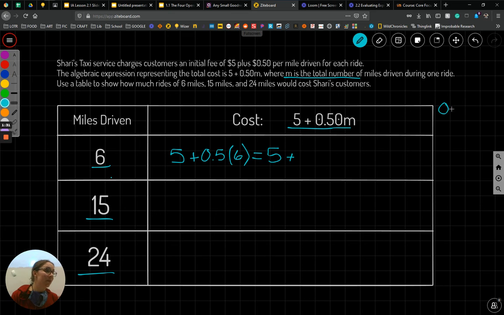Well, I know that 0.5 equals 1/2, and I know that 1/2 times 6 equals 3, 1/2 of 6 is 3, so this is going to be 5 plus 3, which means that a total cost of 6 miles would cost us $8.